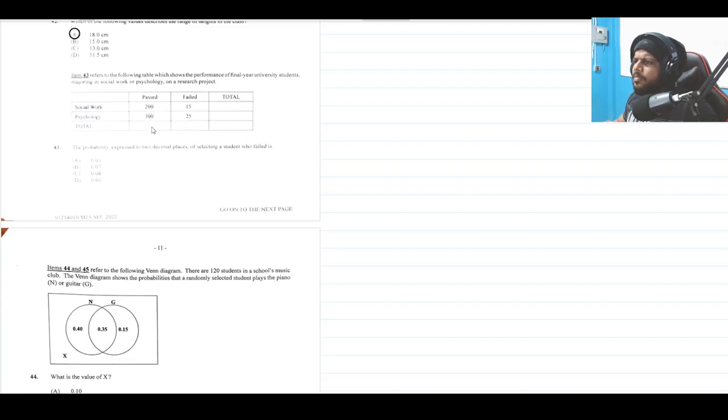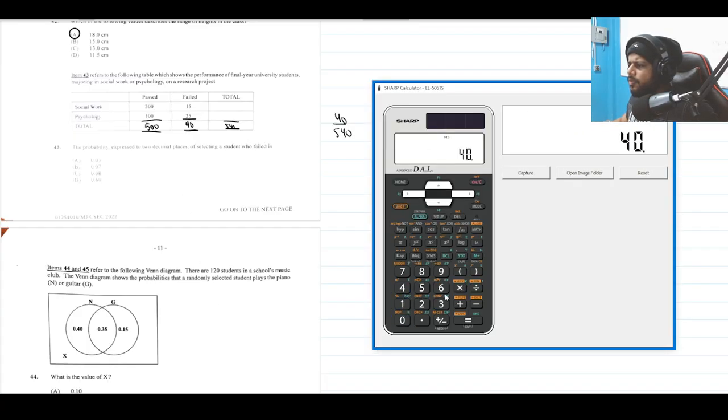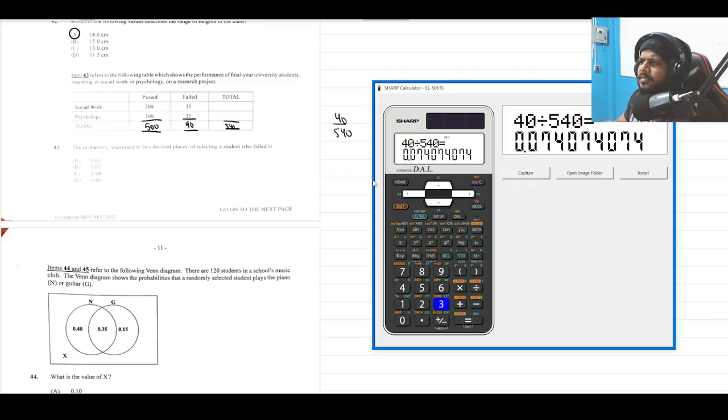So I want the total number of students who passed. This will be 500. The total number of students who failed will be 40. And the total number of people here is going to be 540. So the people who failed are going to be 40 over 540. 40 divided by 540 is 0.07. They did say 2 decimal places. Yes, they did. 0.07. The answer is B.